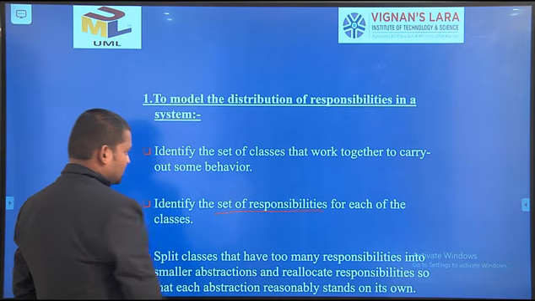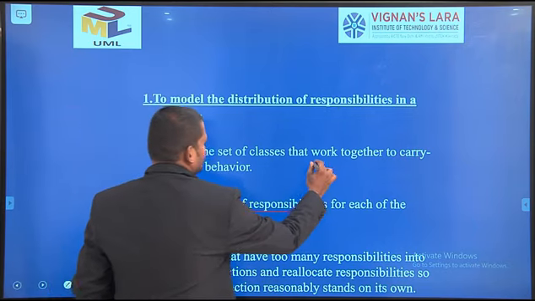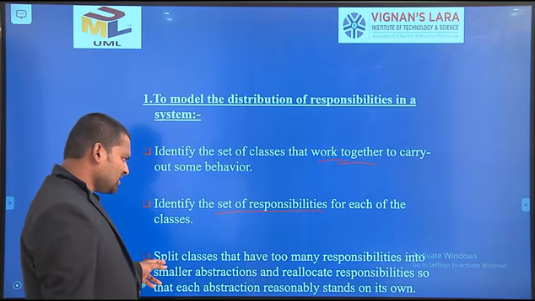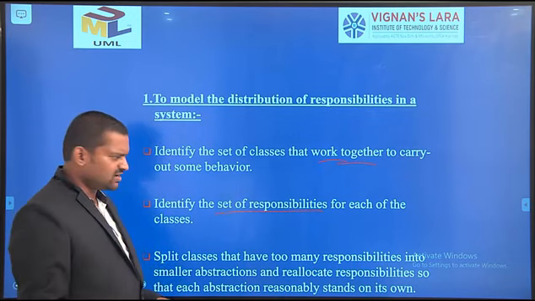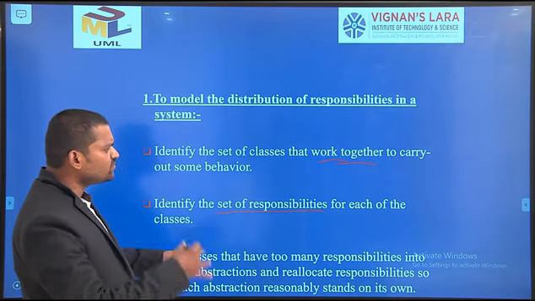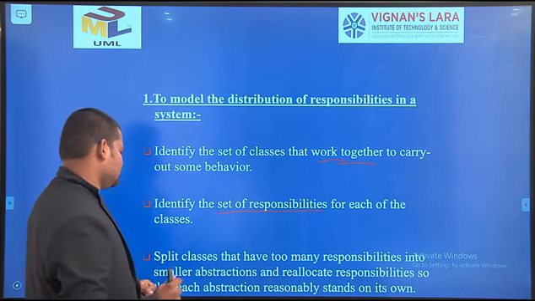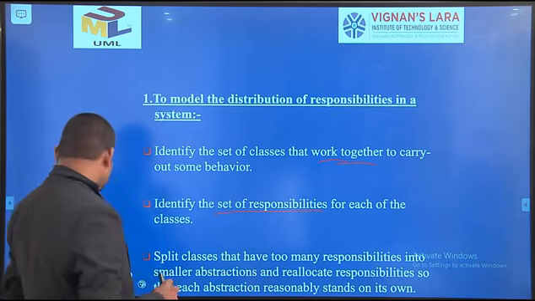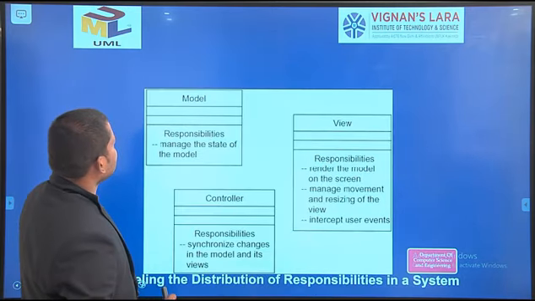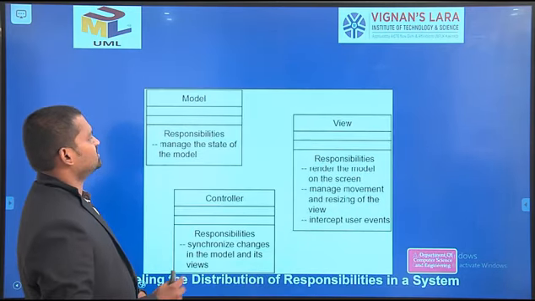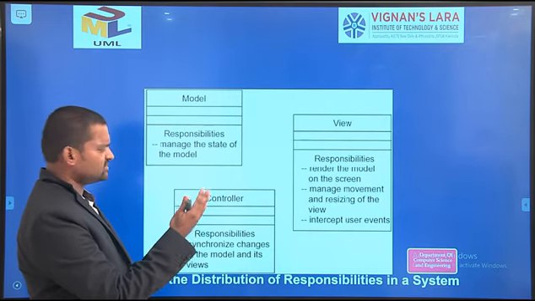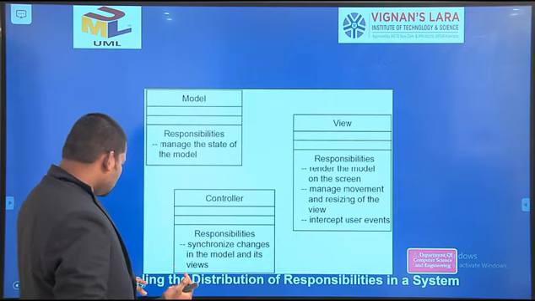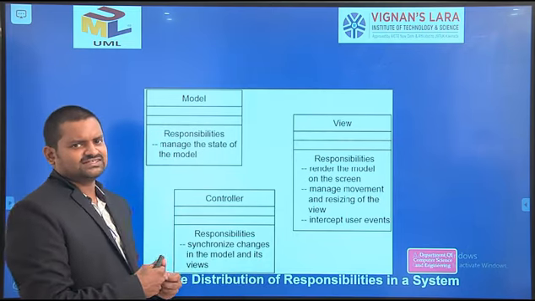Split classes that have too many responsibilities, as I said already, into smaller abstractions and reallocate responsibilities to each abstraction. See here, view is one class, customer is another class, model is another class. So modeling distribution of responsibilities is like this.